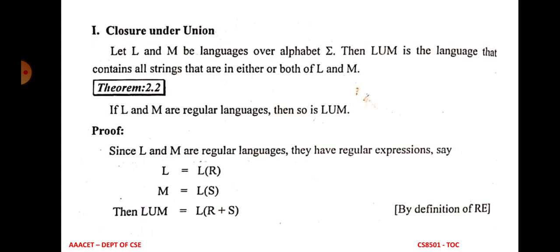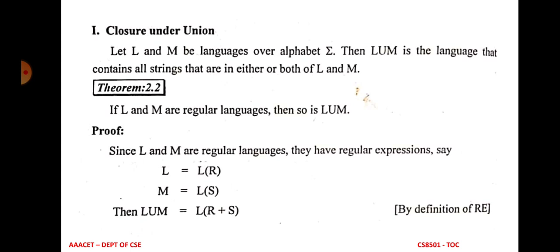So L and M each have some regular expressions. That is, capital L is equal to L of R, where R is a regular expression, and capital M is equal to L of S, where S is the regular expression for the regular language capital M.